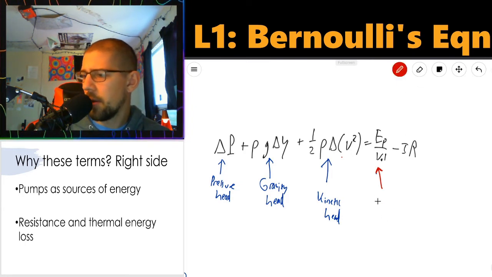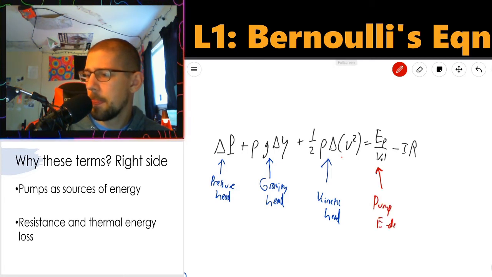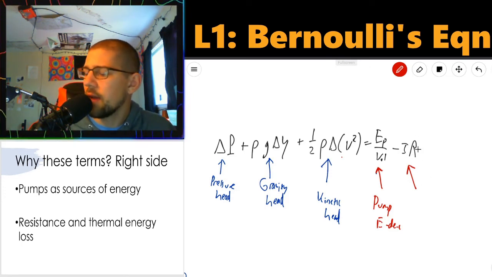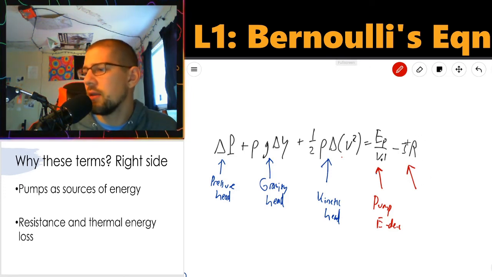I'll just call it pump energy density. And we have dissipation. So this is a resistance times the current. We can think of it as basically the energy that the fluid loses by bumping into things and losing energy as heat.